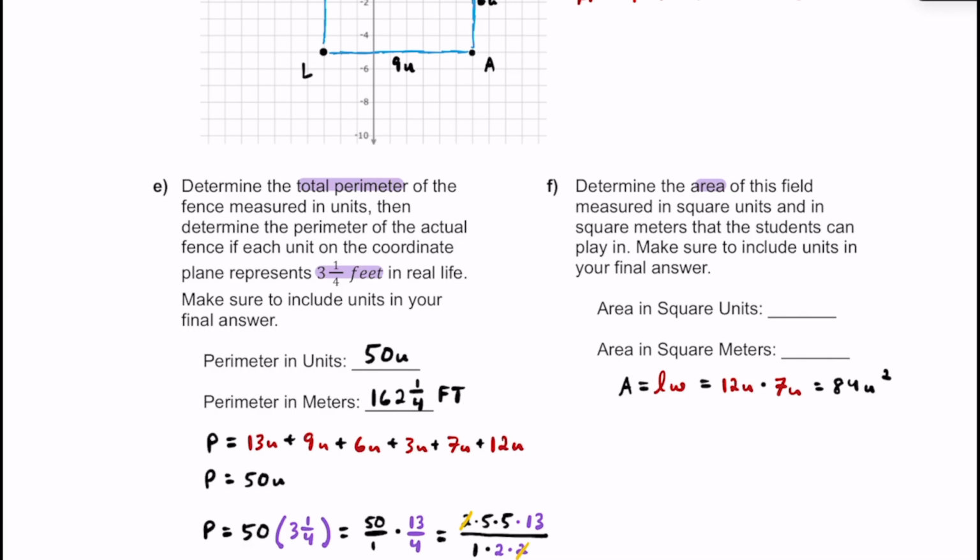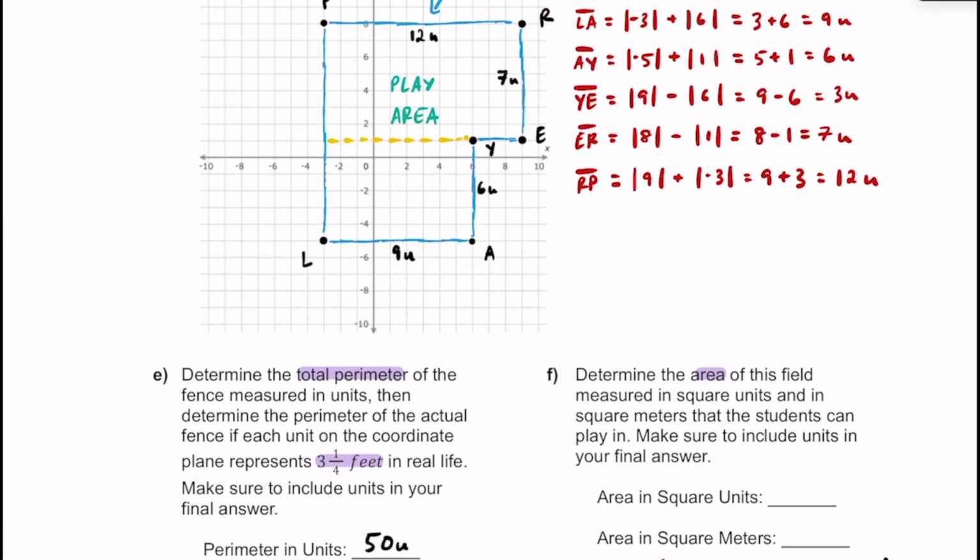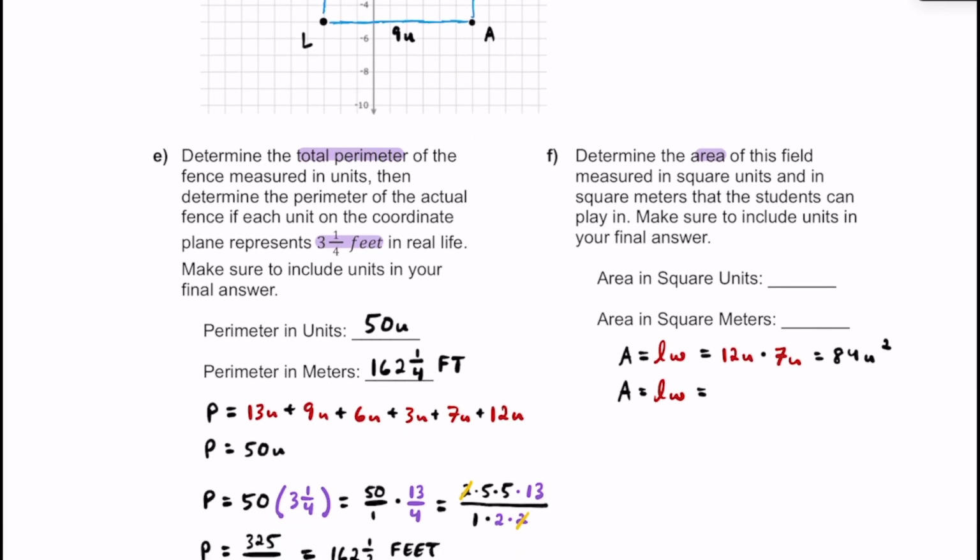That's for that top rectangle, right? What about for that second rectangle? That's also going to be length times width, but this time it's a slightly smaller rectangle. The top one was 12 by 7, this is 9 by 6. So let's multiply 9 units by 6 units here. So 9 by 6 is going to be 54. So it's going to be 54 units squared.